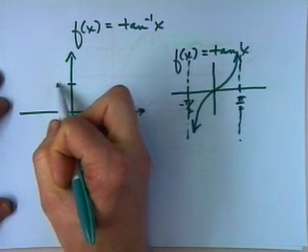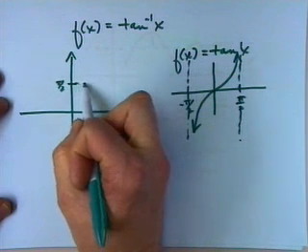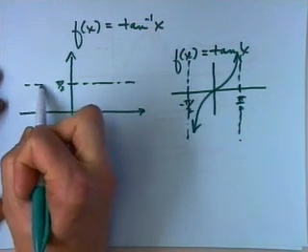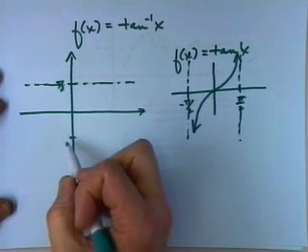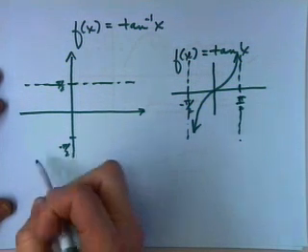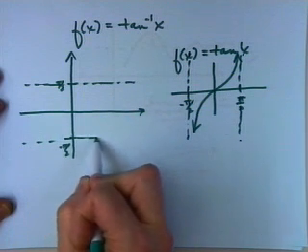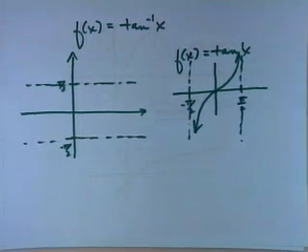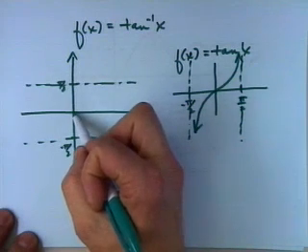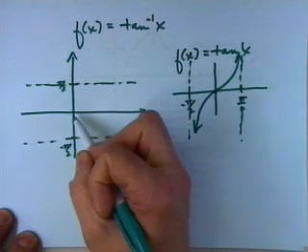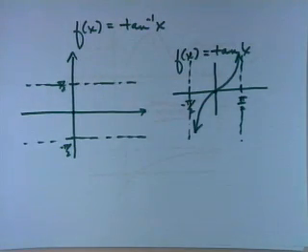So we'll come up here to pi over 2, and down here to negative pi over 2. There's our boundaries. 0, 0 is its own inverse, right?